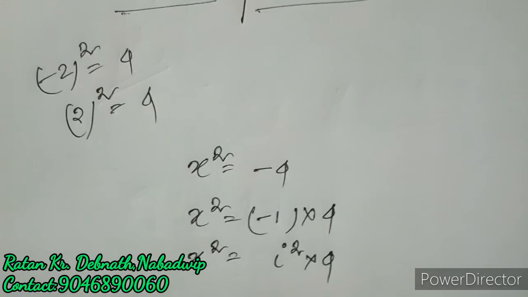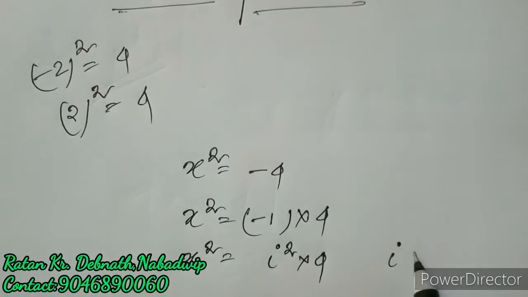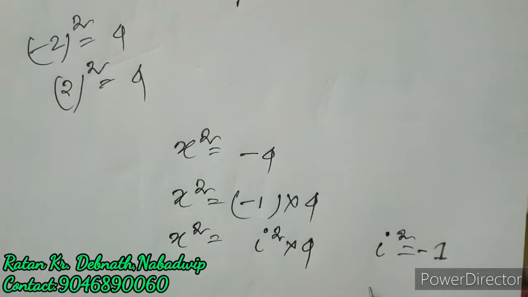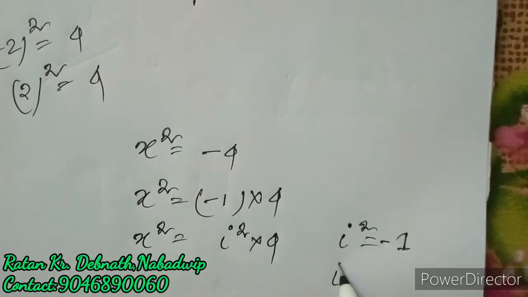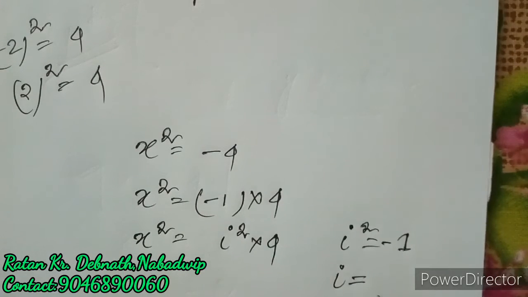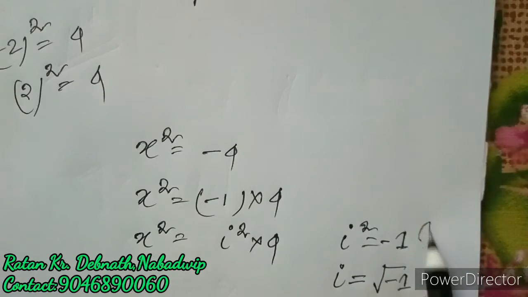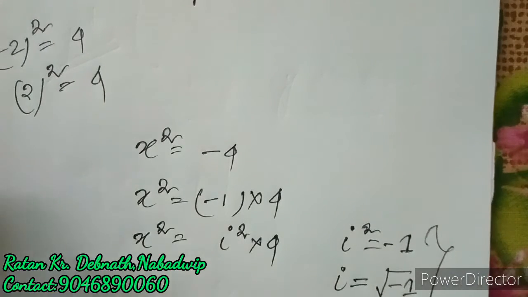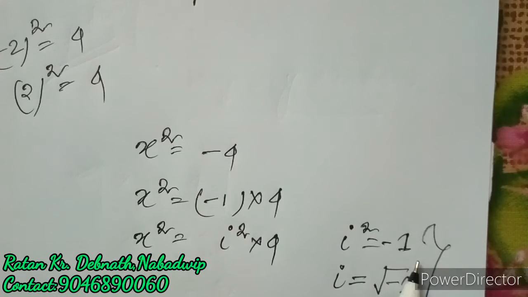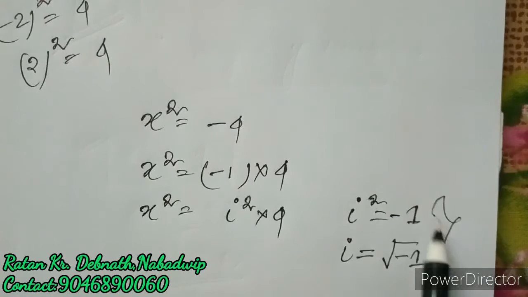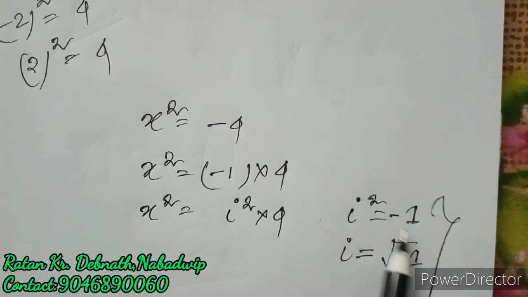That means we consider i square equals minus 1 or i equals root over minus 1. In order to solve this equation, we assumed i square equals minus 1. This is the key of complex number.